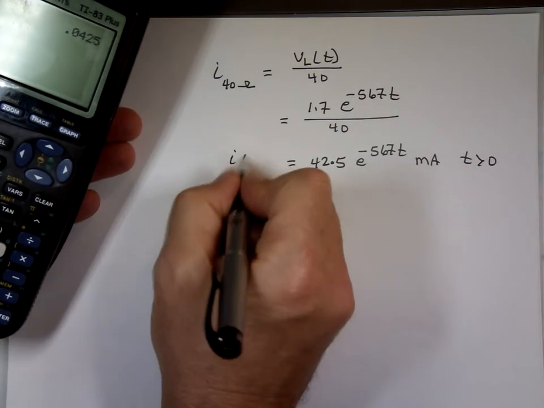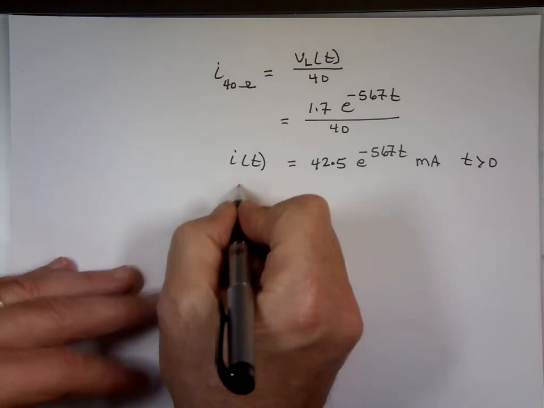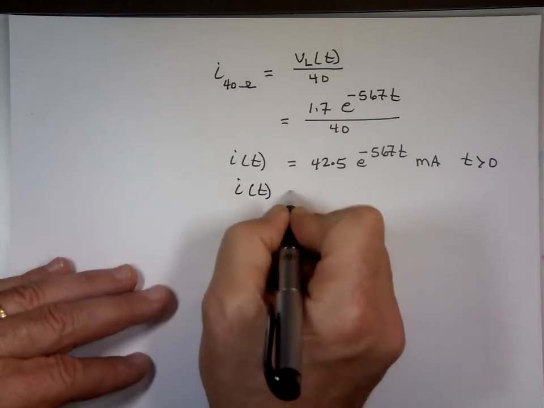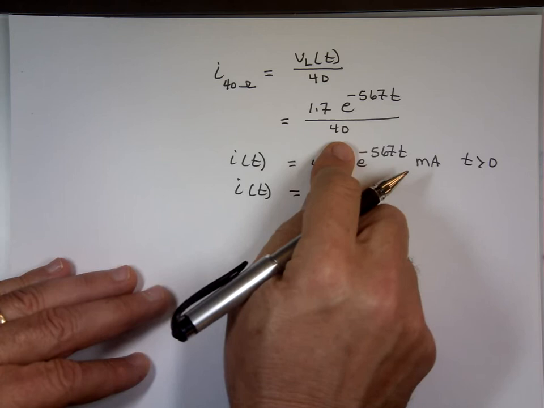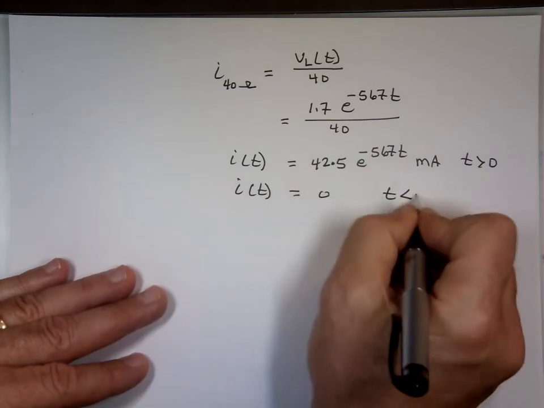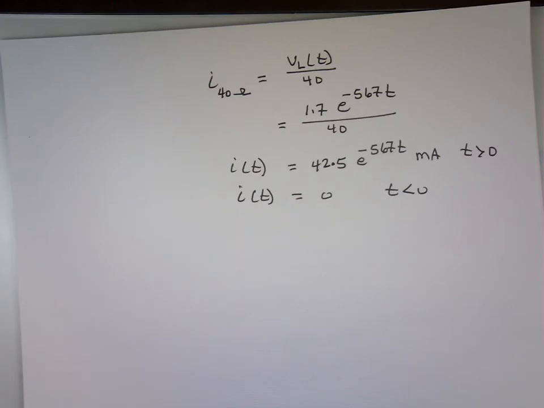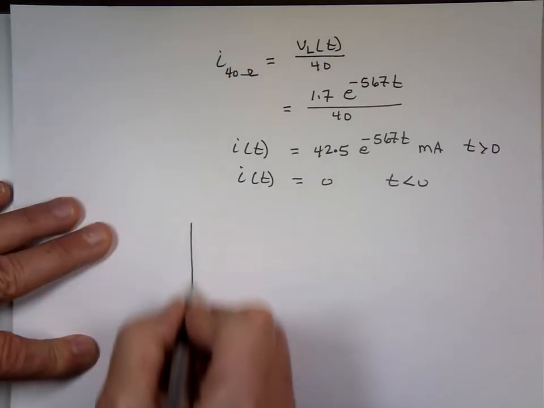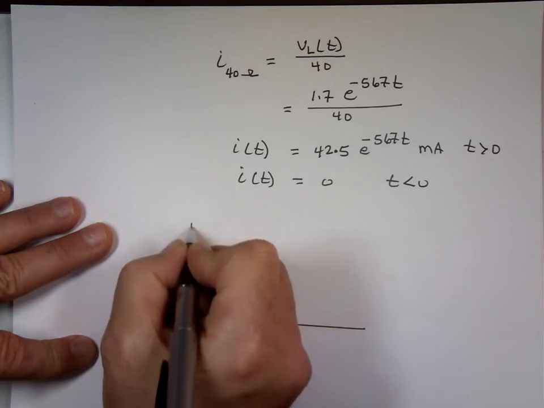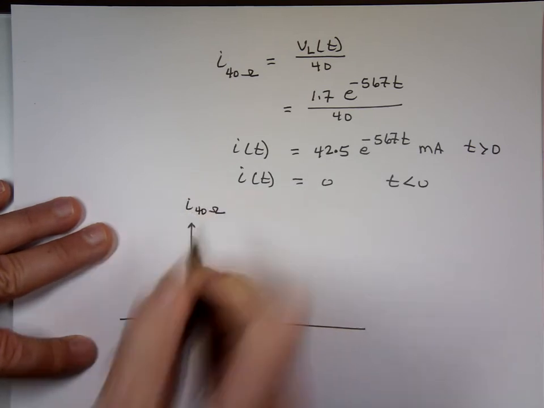And we know for t less than 0, what was it for that problem? How do you know it was milli? That number is 0.0425. We did that part when we looked at the circuit for t less than 0. So if I'm watching the current actually through that 40 ohm resistor, for t less than 0 it was like this.